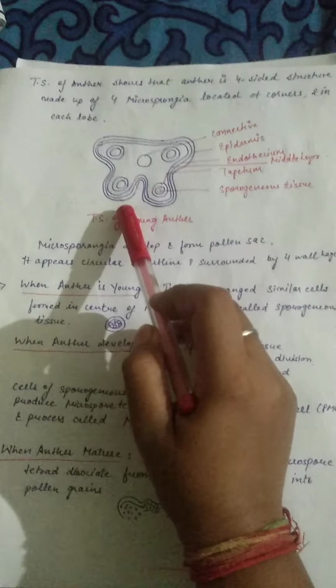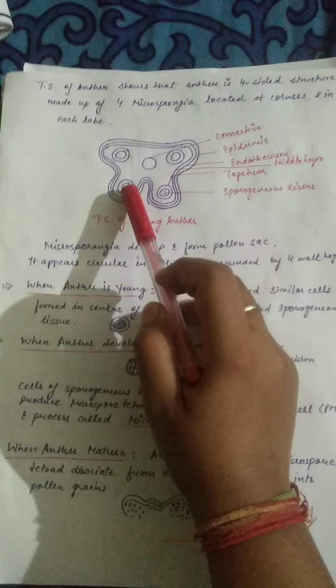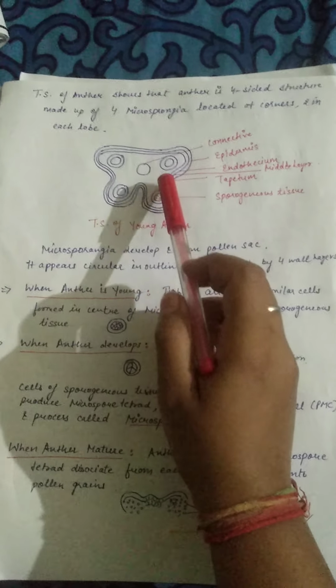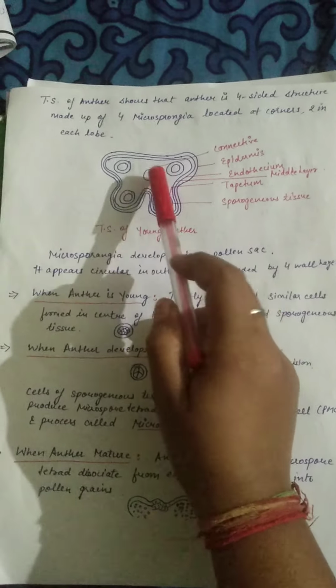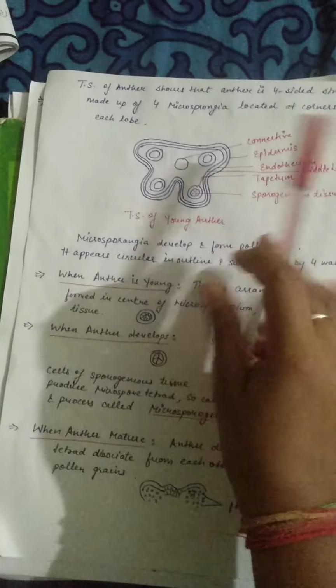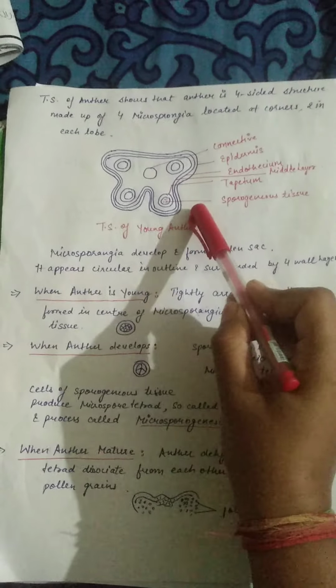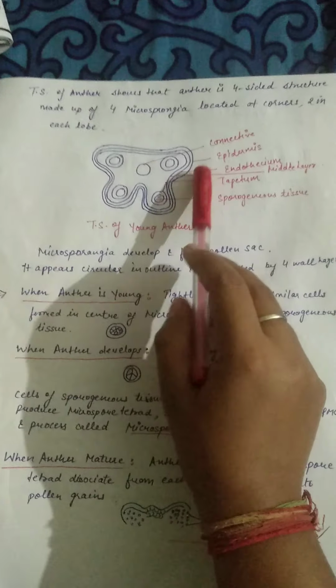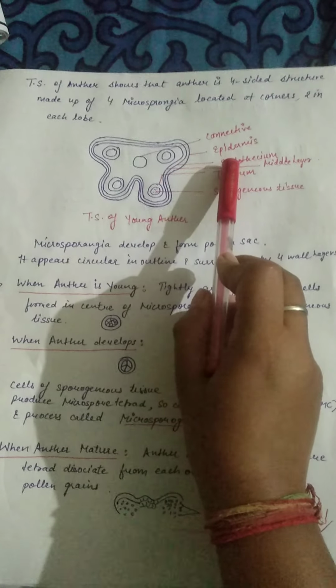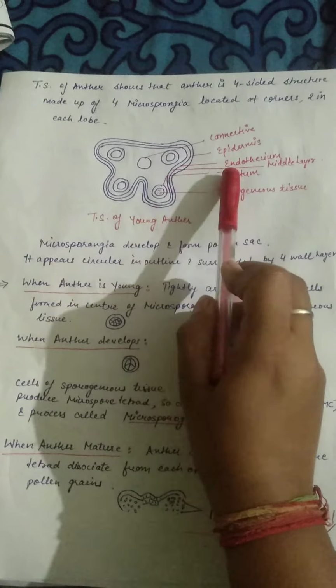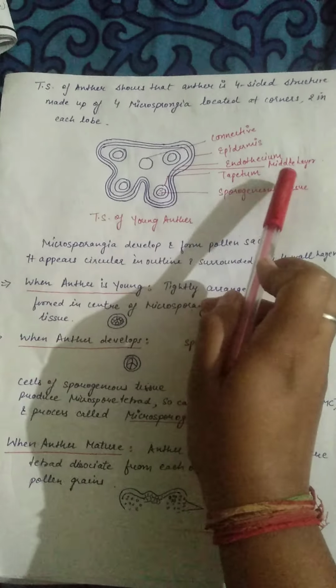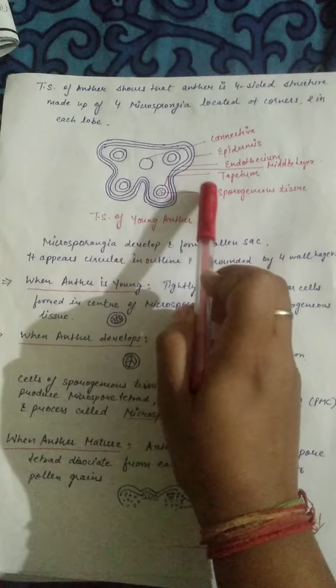As you can see in the diagram, there are four microsporangia which are located at the corners in the young anther. It is made up of four wall layers. The outer one is called epidermis, next endothecium, the third is the middle layer, and the fourth is tapetum.